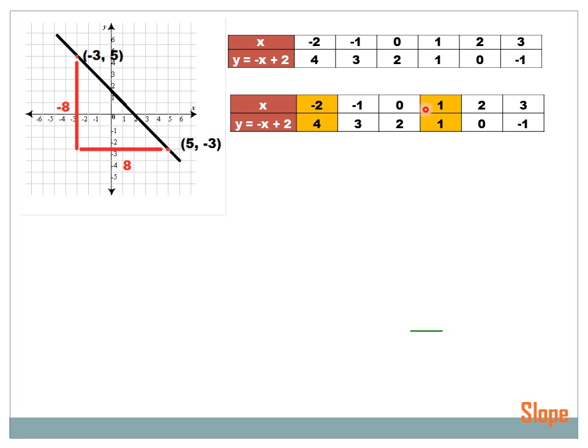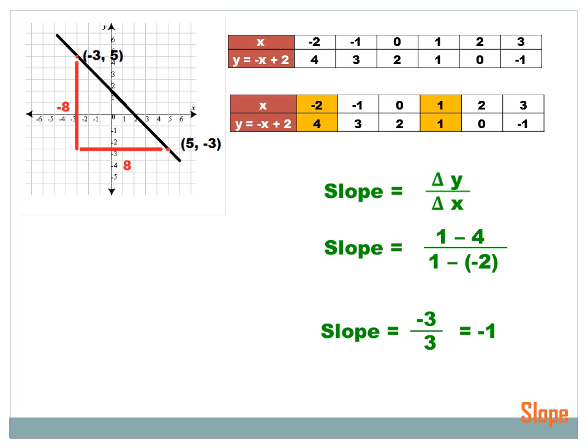So I picked that and that. That (1, 1) represents the coordinate pair of one of the points on this line, and this (minus 2, 4) represents the coordinate pair that describes the location of another point on the line. But we can use this table to figure out what the slope is.